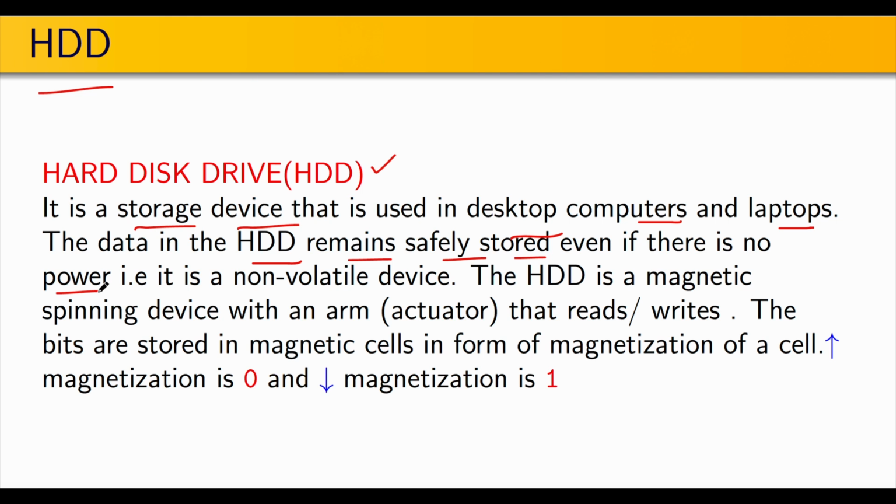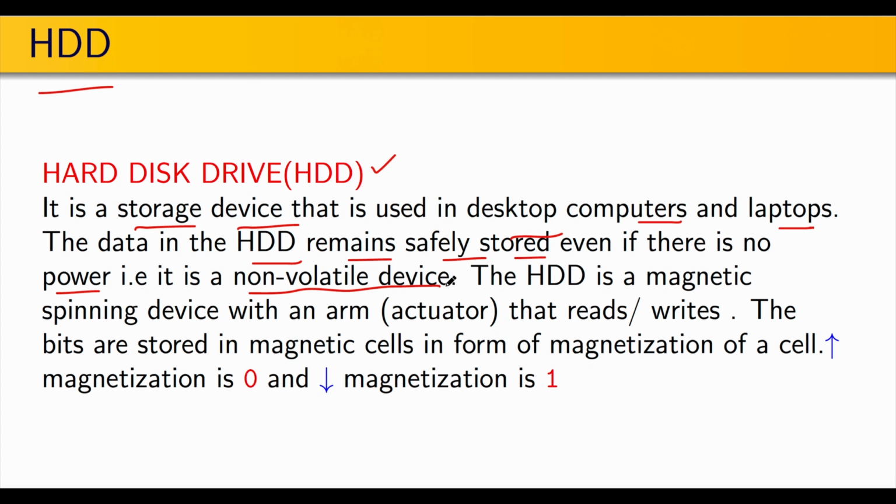It is a non-volatile device. So even if you switch off the power, the data stored in the hard disk drive remains there. It's not lost. It is there forever, unless and until you remove it deliberately. Whereas your RAM is volatile. If you switch off the power, everything is lost.